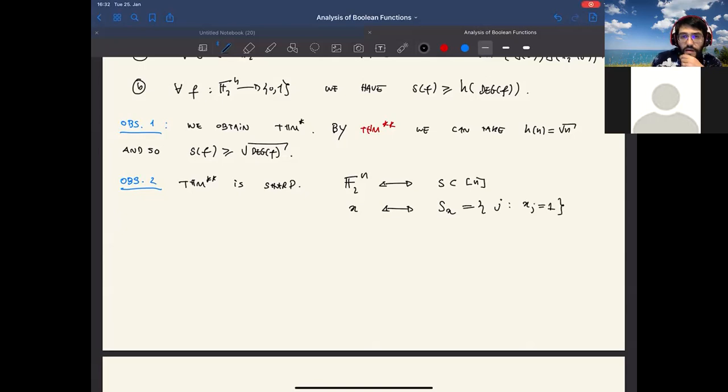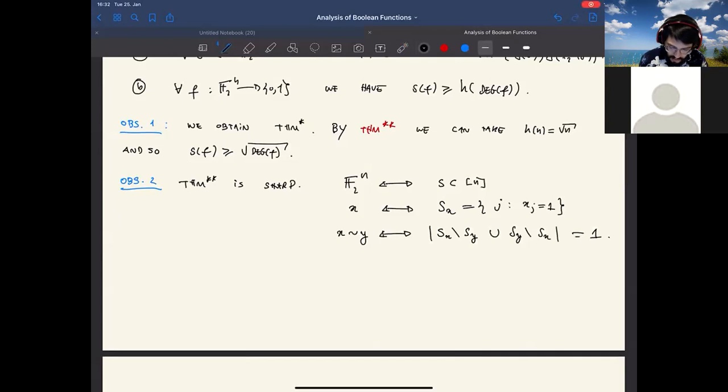Okay, that's a pretty simple identification, and you see that x and y are neighbors if and only if the symmetric difference between these two sets is exactly 1. So two sets will be neighbors if and only if they differ by exactly one element, because x is not a neighbor of x.